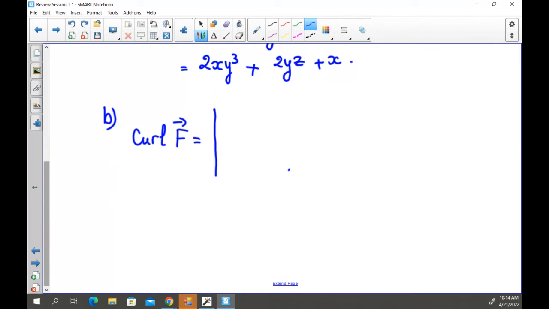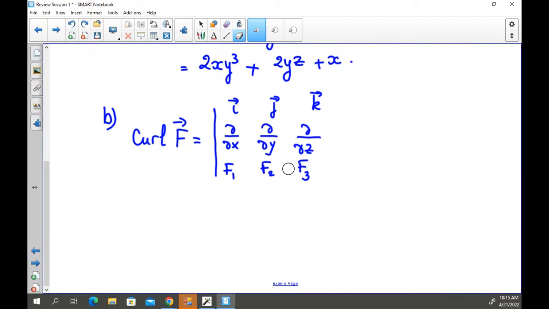The curl of a function f is the following determinant: i, j, k, d over dx, d over dy, and d over dz. And you put here f1, f2, and f3. So that's the general definition of the curl of a function f.